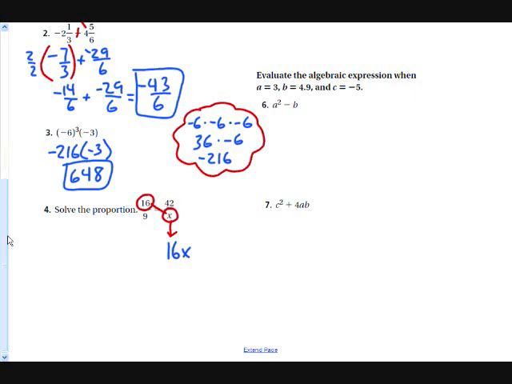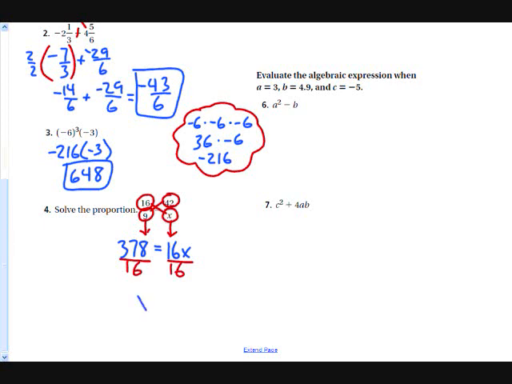And then on the other side of this equation, I do the 42 times the 9. And when I do 42 times 9, it gives me a 378. So now those things are equal to one another. So now what I want to do is divide each side by the 16.